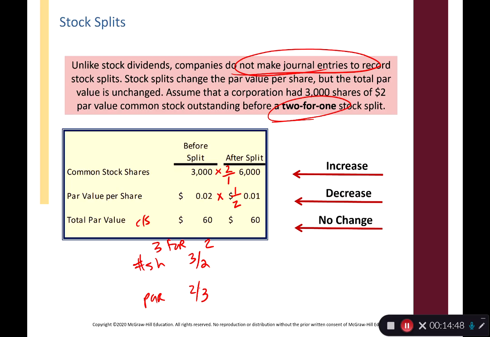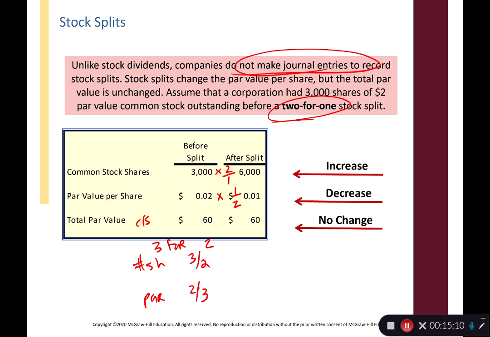If it's 2-for-1, it's 2/1. If it's 3-for-2, it's 3/2. If it's 5-for-3, it's 5 over 3. And then to figure out the par, you just flip the ratio and use the reciprocal. When you're done, the number of shares times the par should be the same before and after the split.